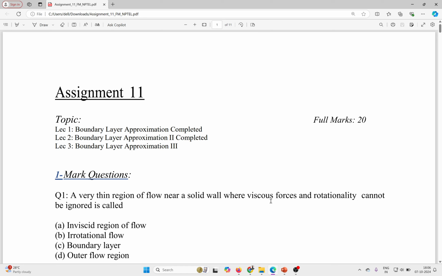Okay, so we are talking here. Let me just take the pen. A very thin region near the solid wall where the viscous force and rotationality cannot be ignored. Means what? Let us suppose a solid wall.